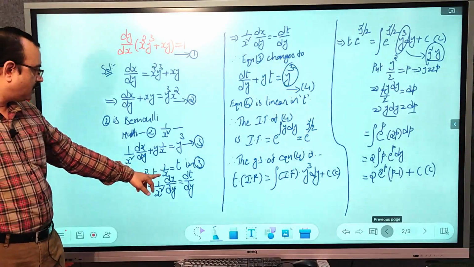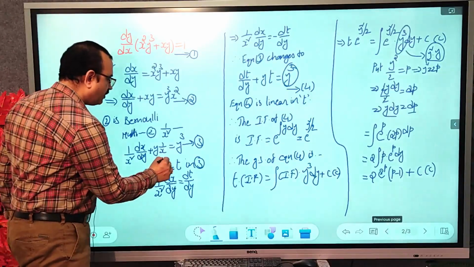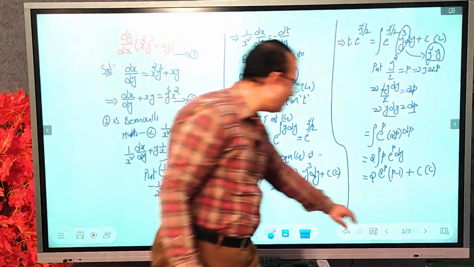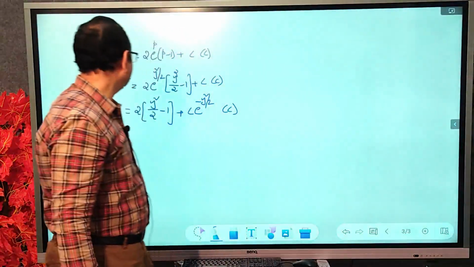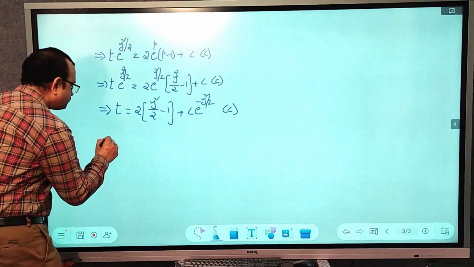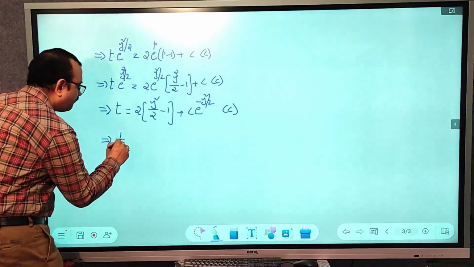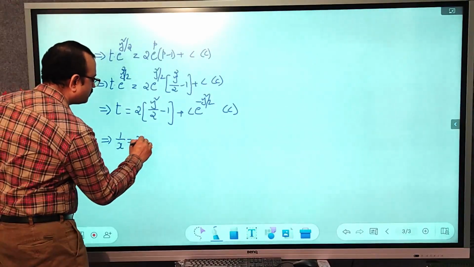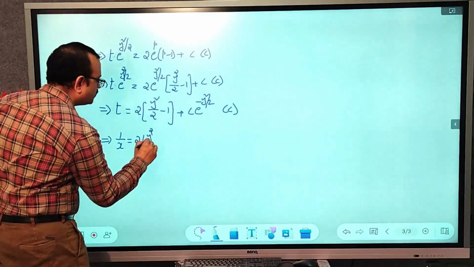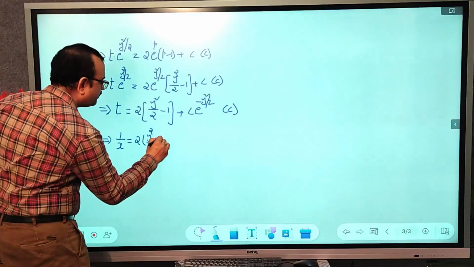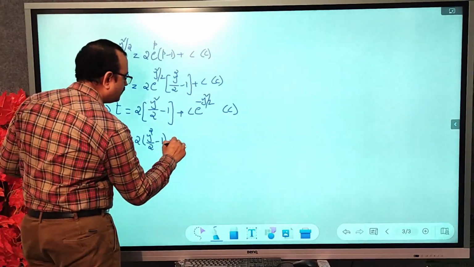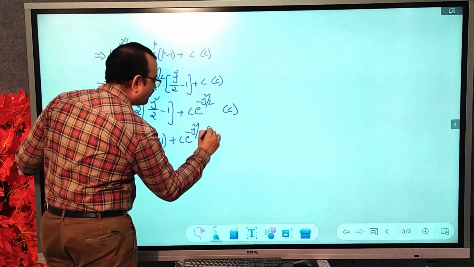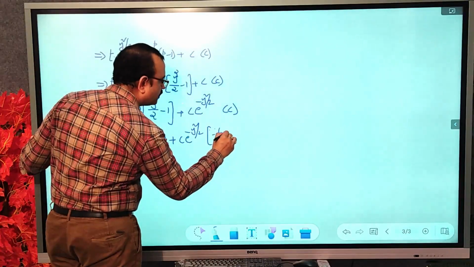What is t here? T is nothing but 1 by x, which is equation 3. Now we replace that in the final solution. Then we get 1 by x is equal to 2 into y square by 2 minus 1, plus c, into e power minus y square by 2.